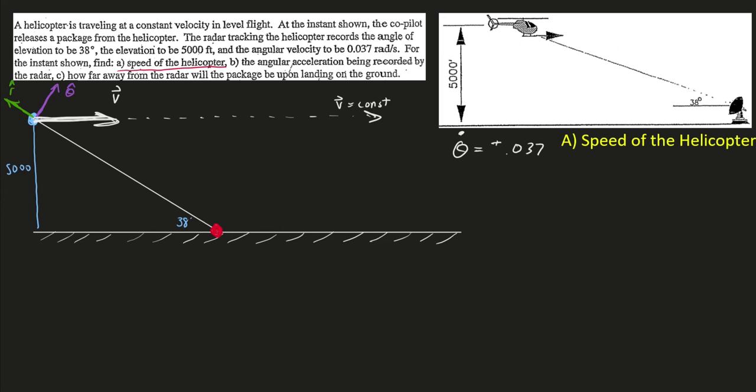What I need to do is split this velocity vector into one component going in the r direction. This is going to be the r component of velocity, and the other component will be my theta component. Remember, components are just two smaller vectors that tip to tail add to get my main vector.